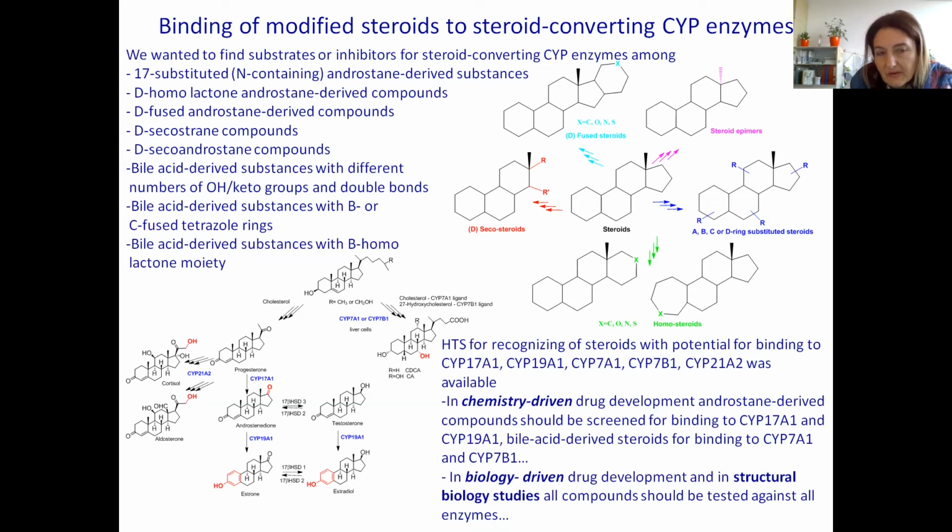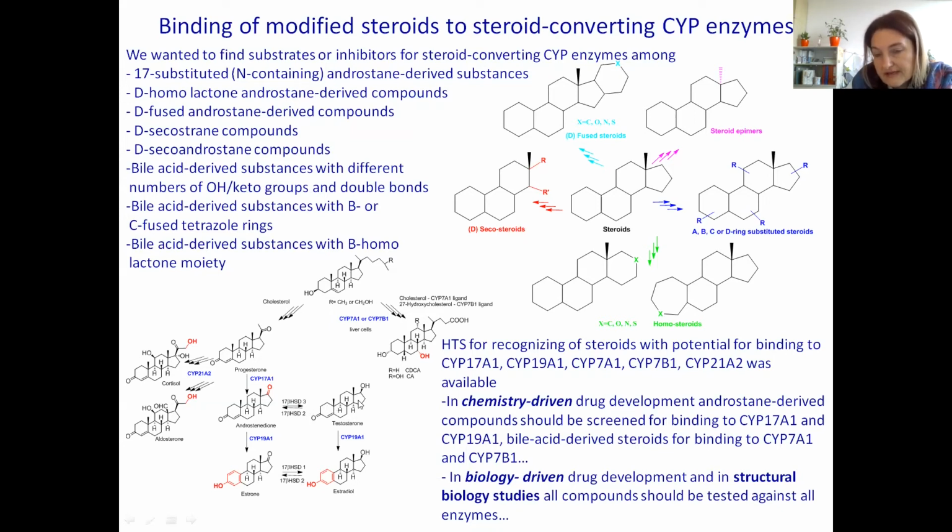Then the homolactone androstane-derived compounds, difluorinated androstane-derived compounds, the seco-estrone compounds, the seco-androstane compounds, then bile acid-derived substances with different numbers of hydroxyl functions, different numbers of oxo functions, and different numbers and positions of double bonds. We also had some bile acids with B or C fused tetrazole rings, and some bile acid-derived substances with a B-homolactone moiety. Among all of these compounds, we wanted to find some ligands for CYP enzymes involved in steroid conversion.